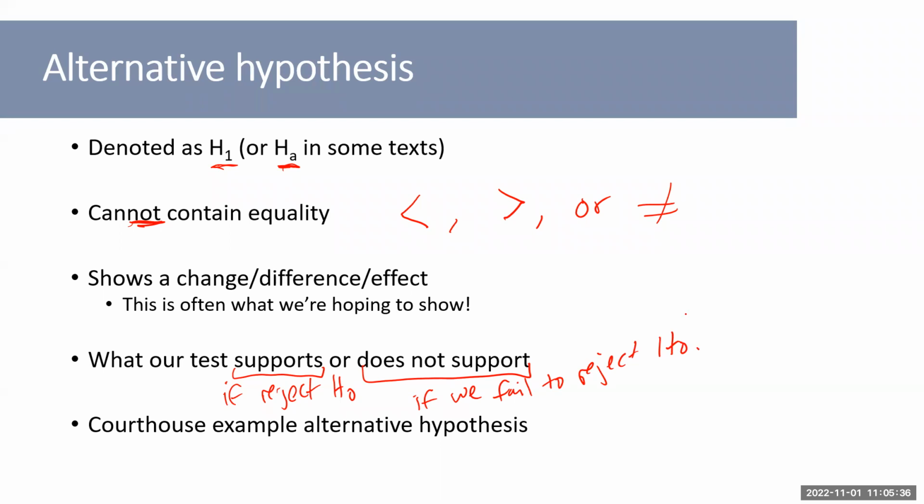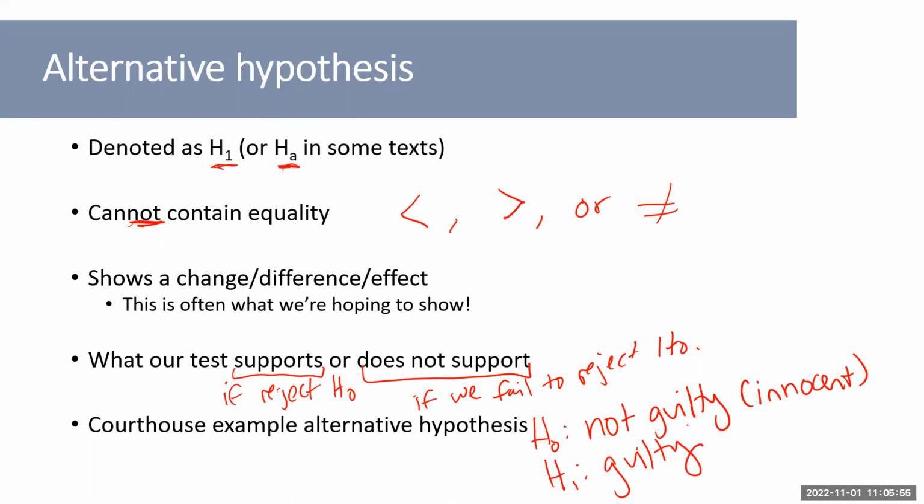So in our courthouse example, our null hypothesis, remember, was not guilty, or innocent, right? What is kind of the opposite of that? Well, our alternative is going to be that he is guilty. Okay, and you can think about this.